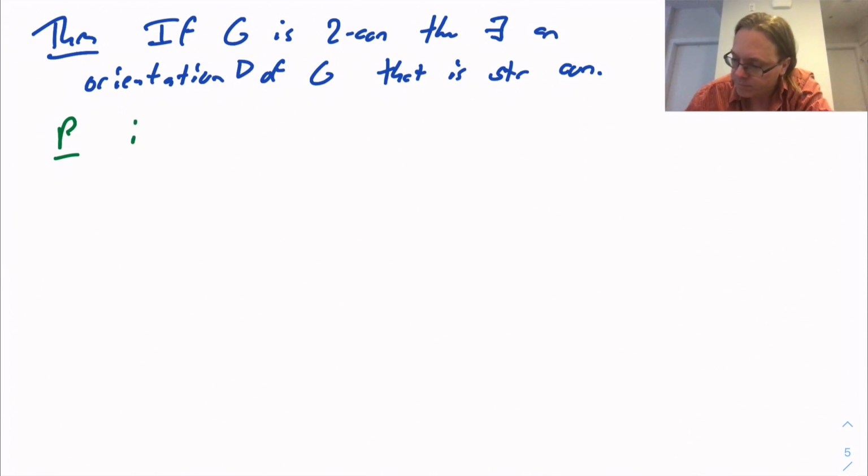So I'm going to do induction on the number of vertices. As a base case, if you have one vertex, then you're already done, because any one-vertex graph is strongly connected.